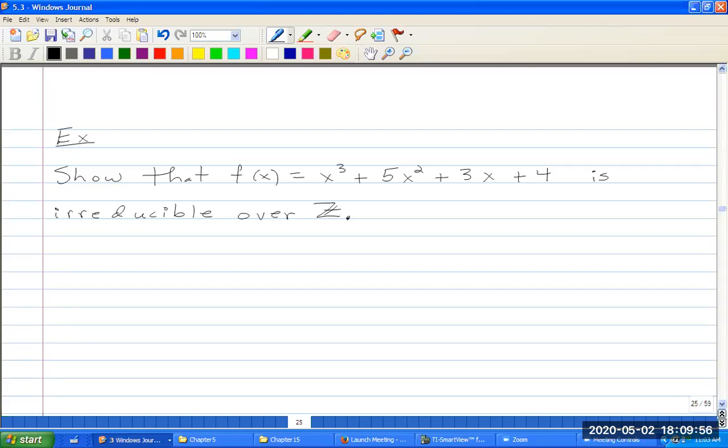First, the criteria is that all these coefficients are between 0 and some number, and they are. They're all greater than or equal to 0. And I want to pick some number that's bigger than all of these coefficients, such that when you plug in that number, you get a prime number. Okay, well, let's do that.